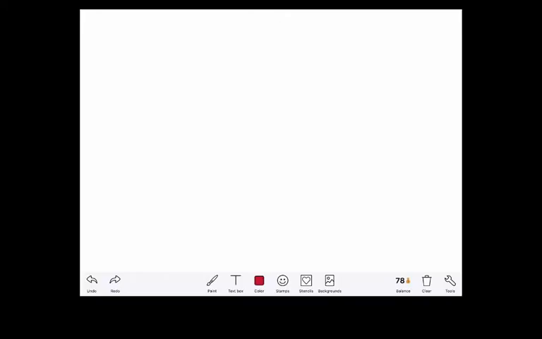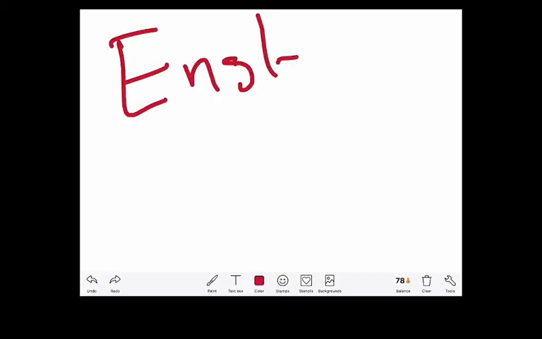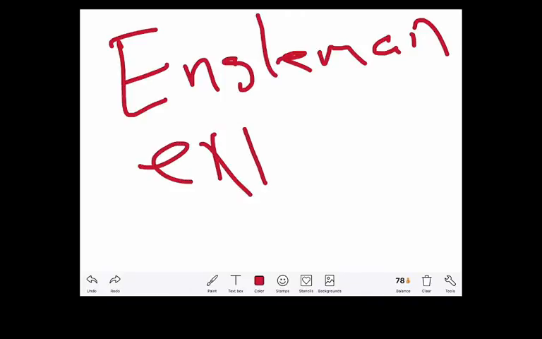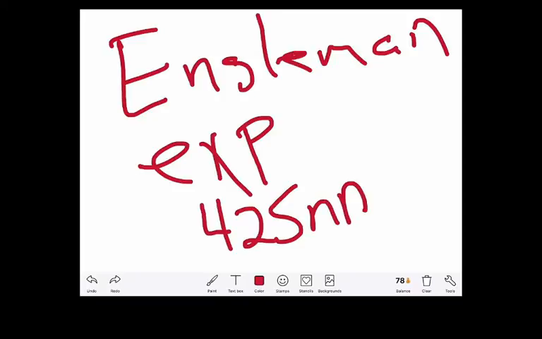On the Engelmann experiments, Ralph Engelmann discovered which wavelength of visible light was most important. And what he discovered is that it was 425 nanometers. You'll see that number on the test.